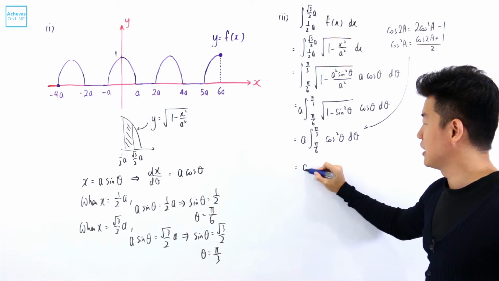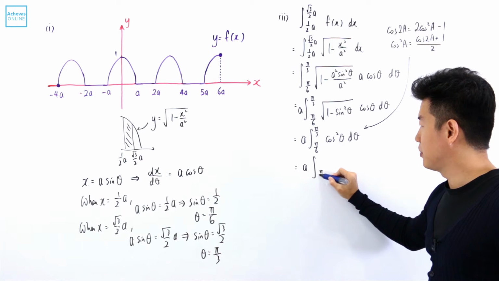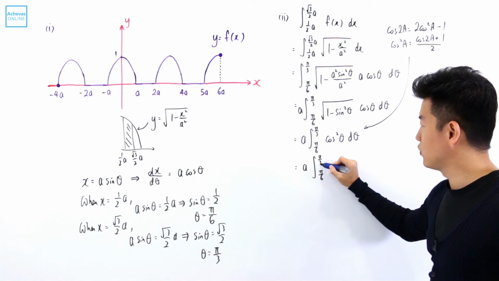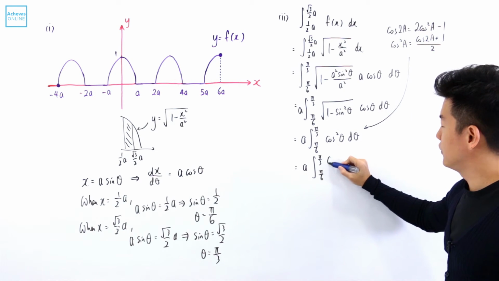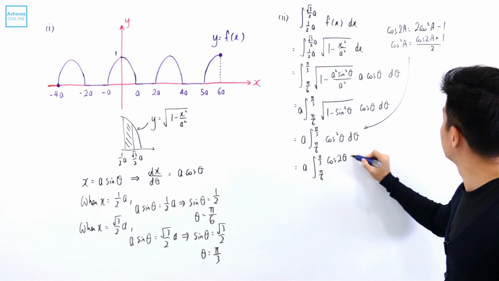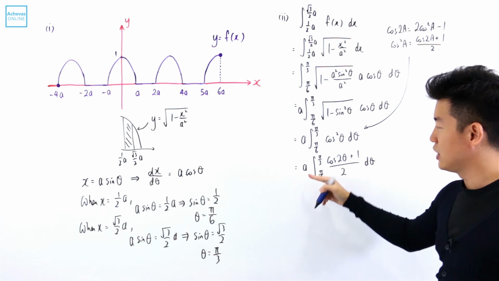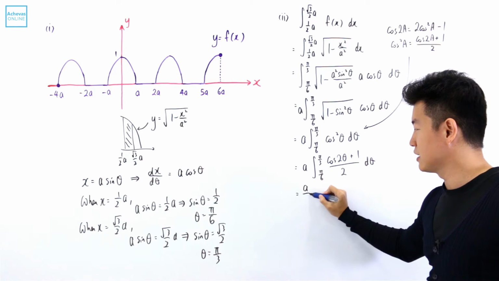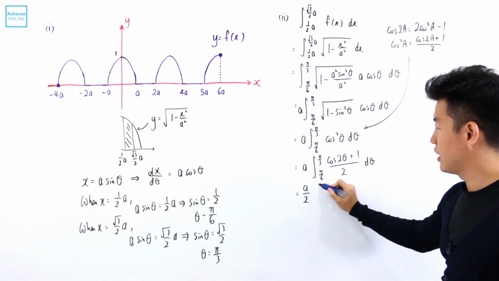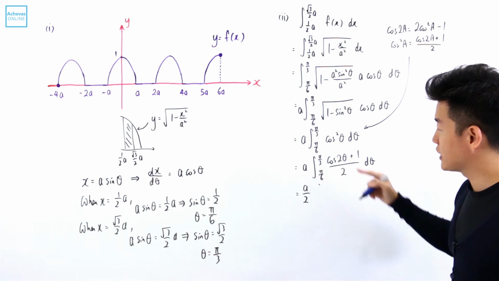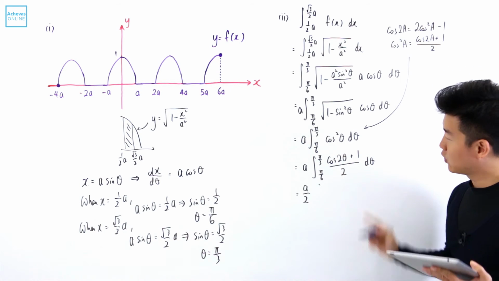So this is the integral from pi over 6 to pi over 3 of cosine 2 theta plus 1 divided by 2 d theta. Let me take the 1 over 2 out of the integration sign again, so a over 2. I'm just supposed to be integrating cosine 2 theta plus 1.